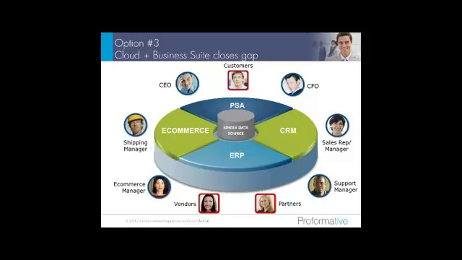And the beautiful thing about having a business suite underneath in the cloud is that data is real time. For example, if a support manager makes an update to a customer on a service call that they did, that information is readily available to a sales rep who's going to make a call for upselling something.